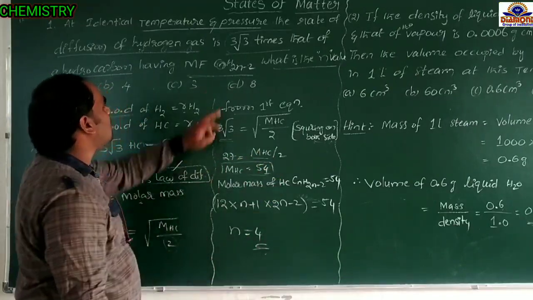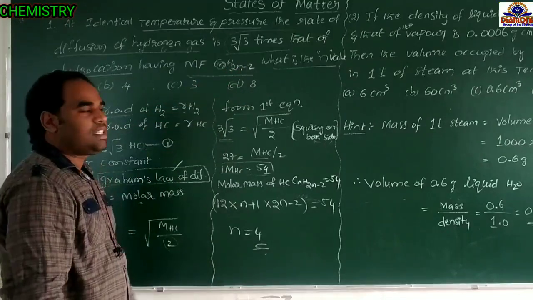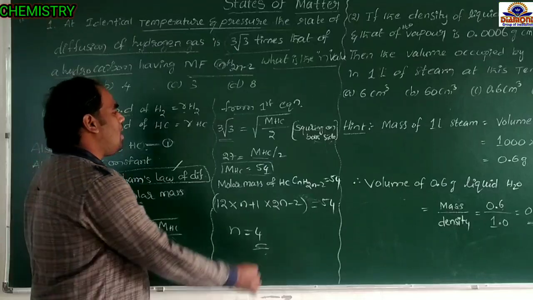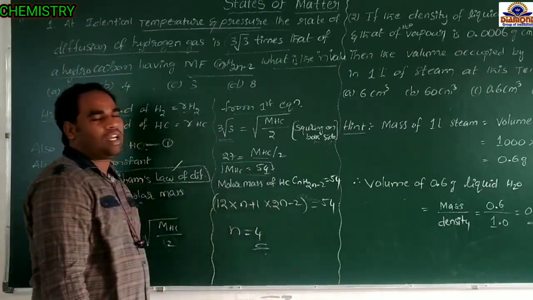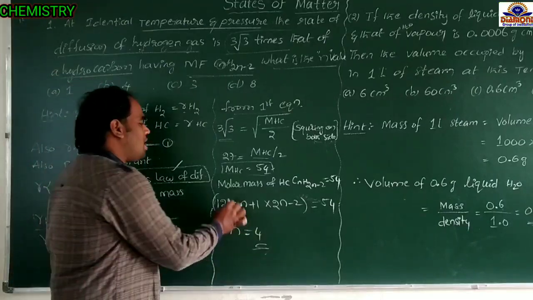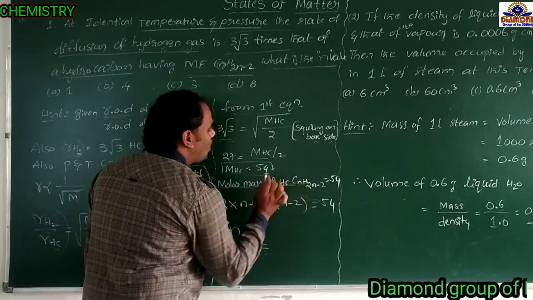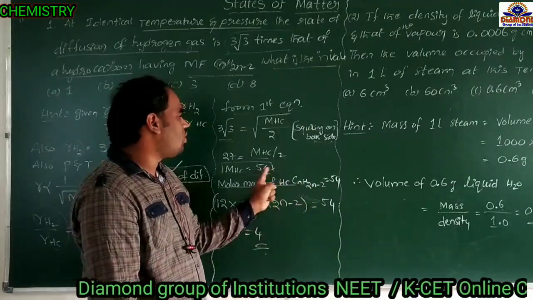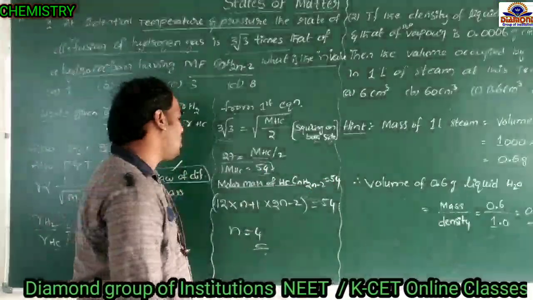So for CnH2n minus 2, the molar mass of the hydrocarbon is 54.